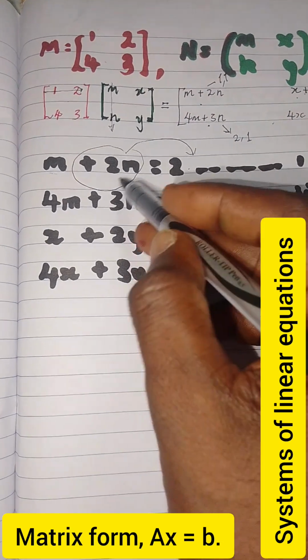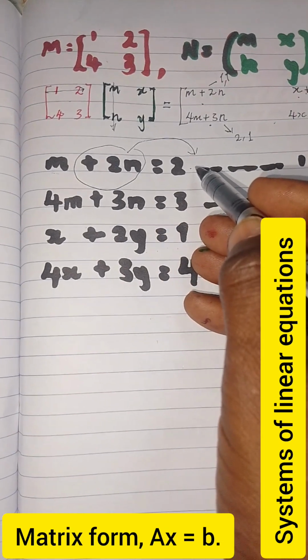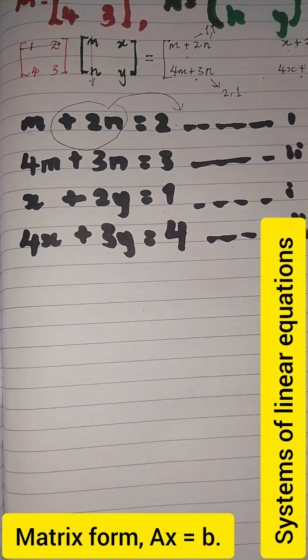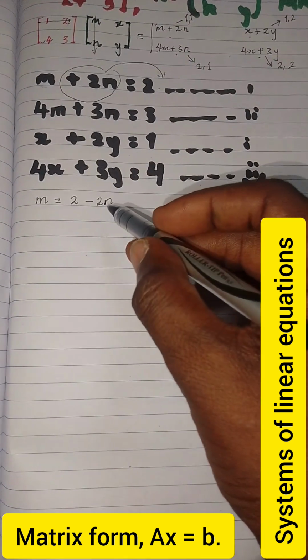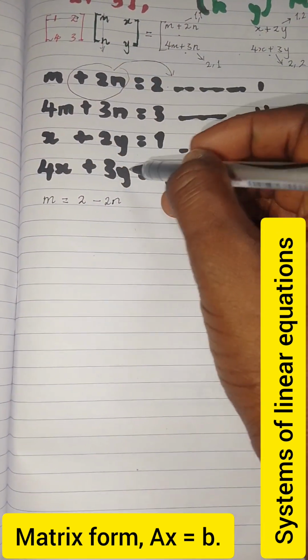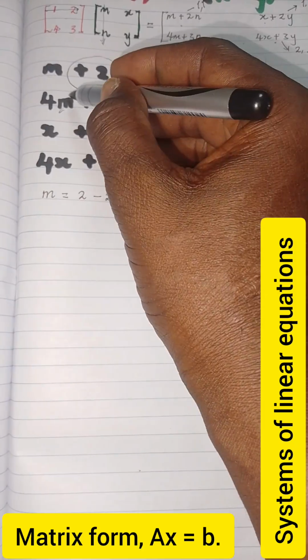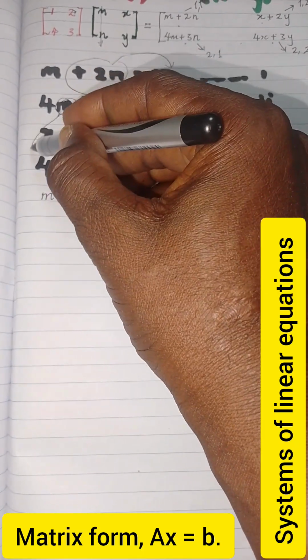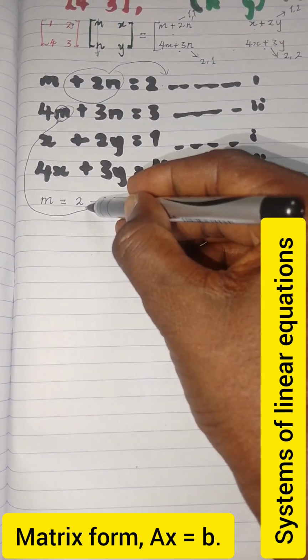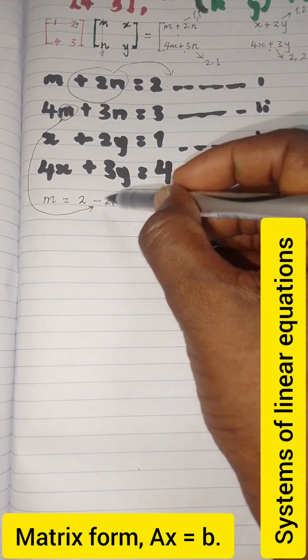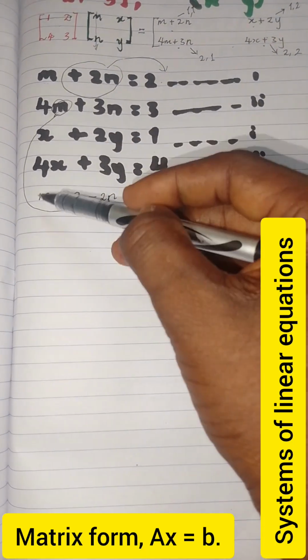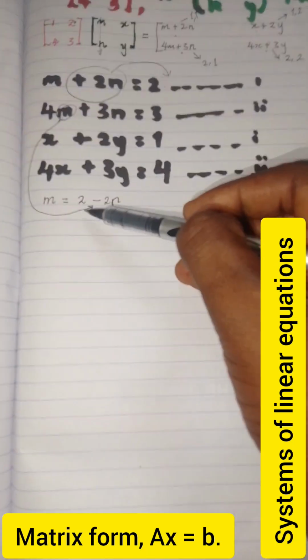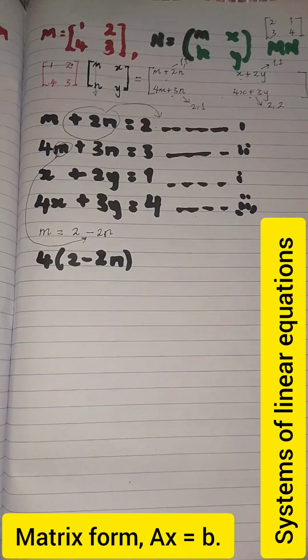I want to use substitution, plugging this into equation 2. Wherever I see m, I put 2 minus 2n. So instead of 4m, it's 4 times 2 minus 2n, plus 3n equals 3.